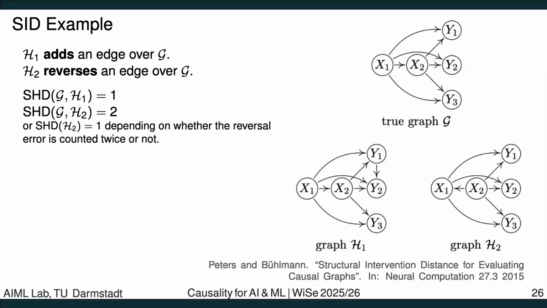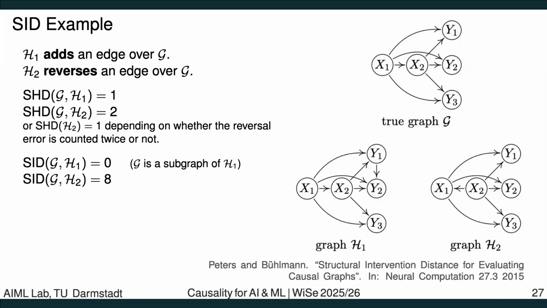The SHD in both cases can be 1, or in one of them it's 2 because we count edge reversals twice. But looking at this very simple edge counting metric, we would say, okay, we made some mistakes, but they are almost equal, maybe. So it's not too bad.